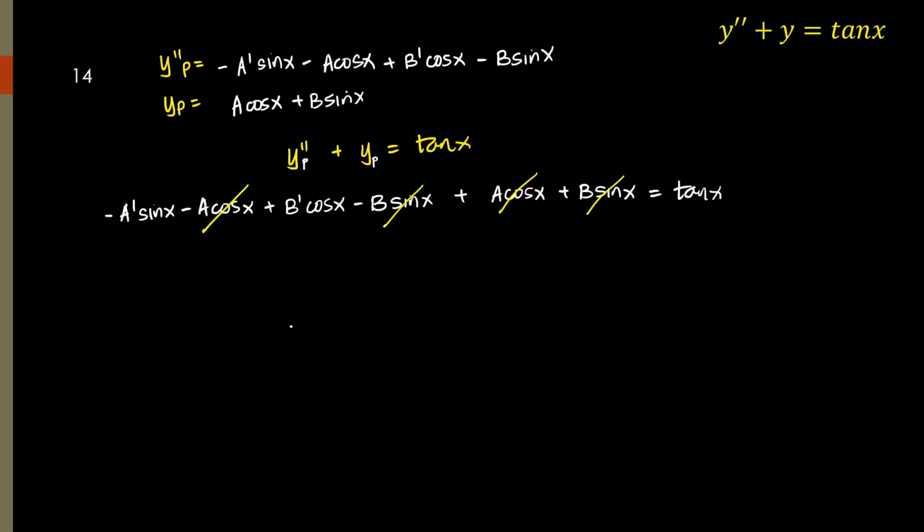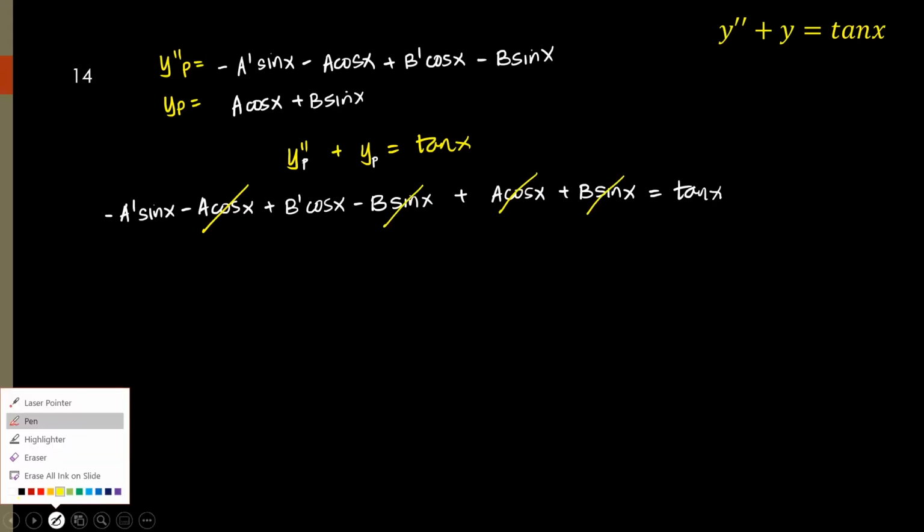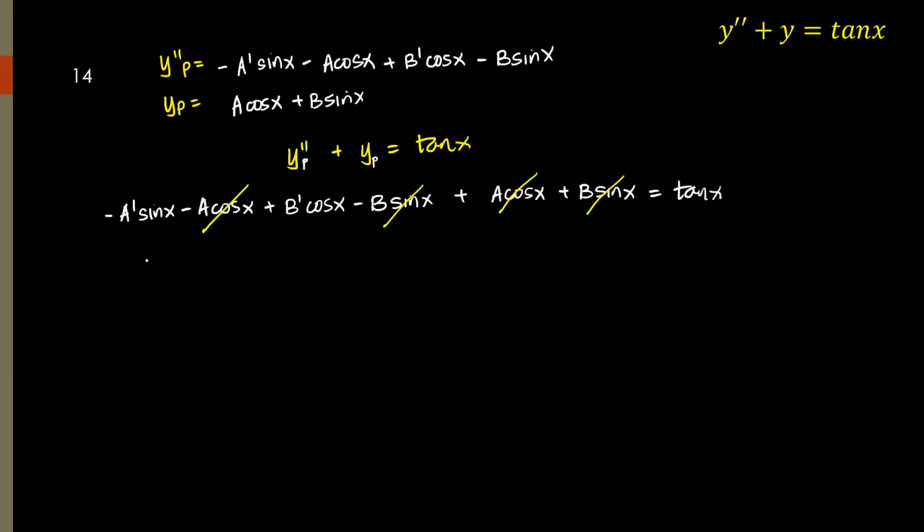Negative b, this one cancels out. So you're only left with negative a prime sine of x plus b prime cosine of x equal to tangent of x. Let's call this equation number 2.